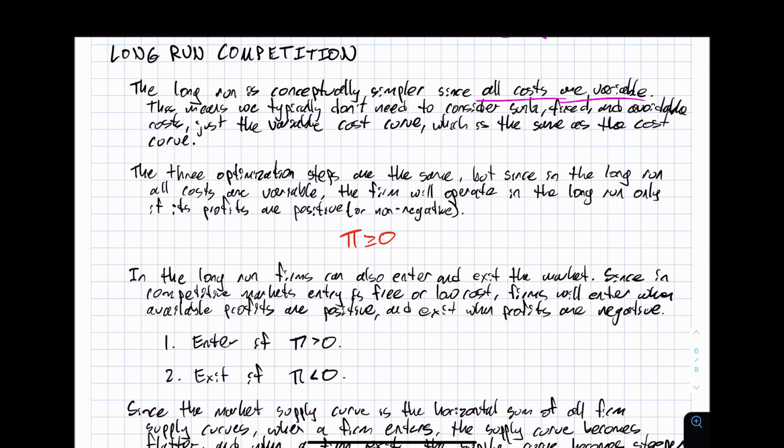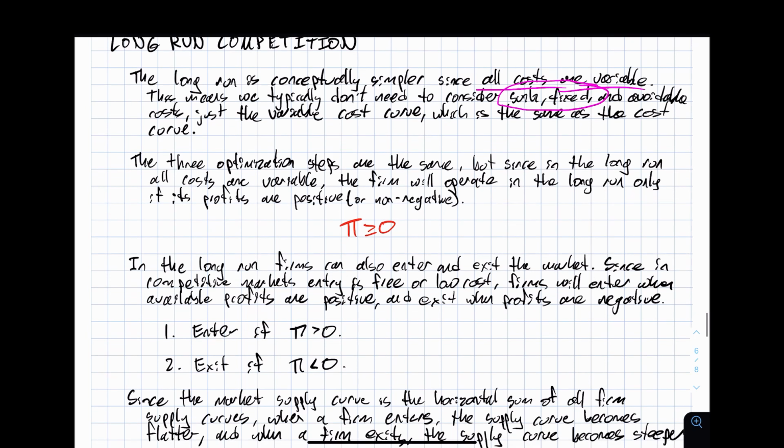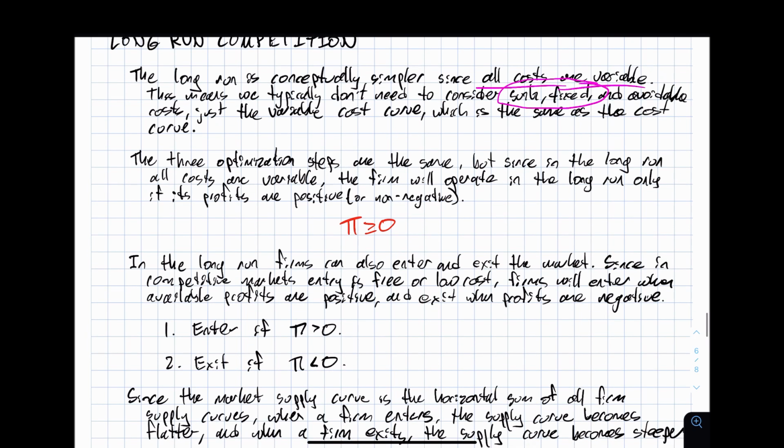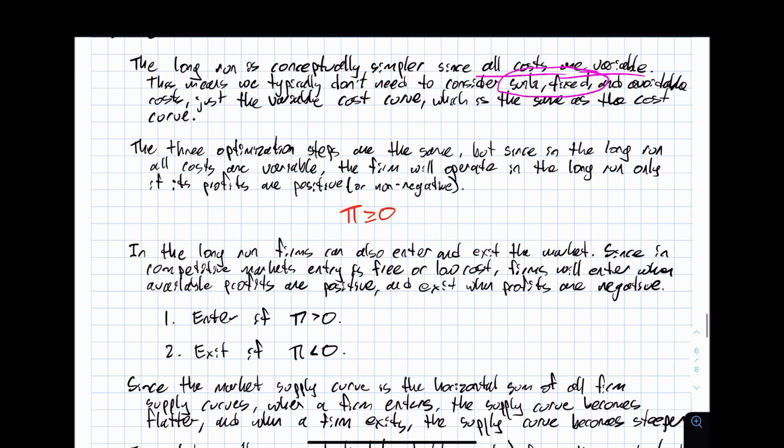So we're going to, in some sense, ignore sunk fixed costs. I'm just looking at avoidable costs, the variable cost curve. And because of this, the variable cost curve is equal to the cost curve because we have no sunk or fixed costs in the long run.